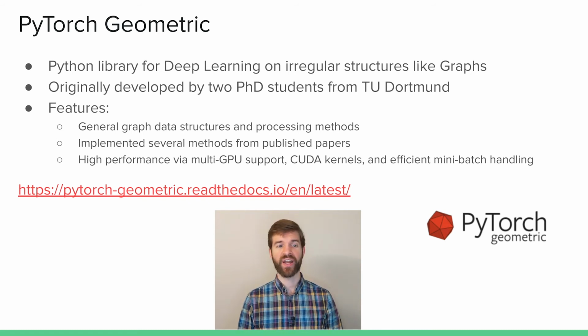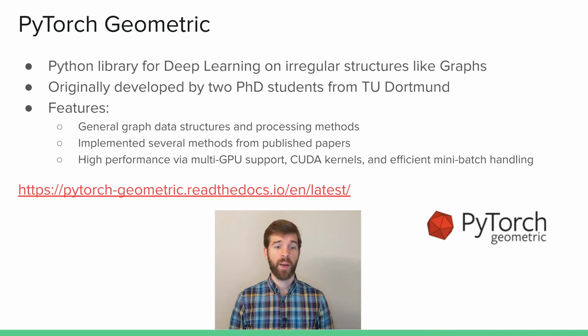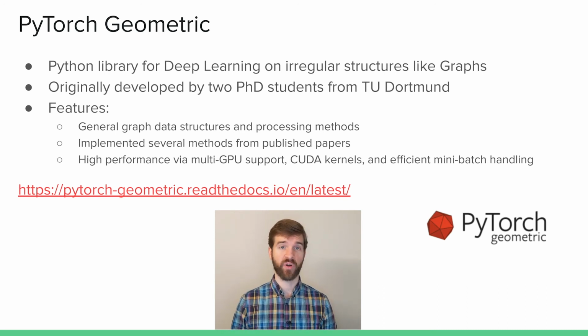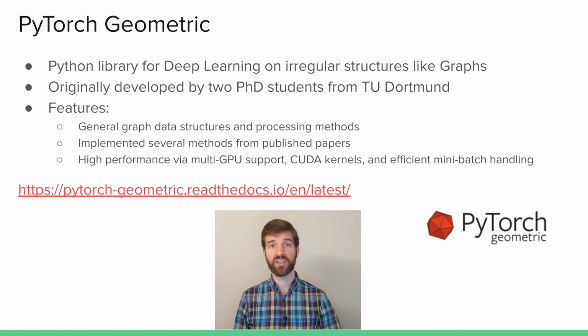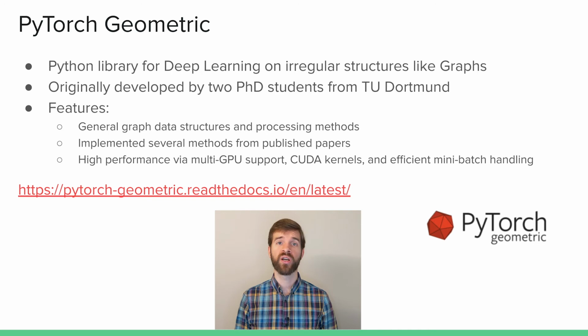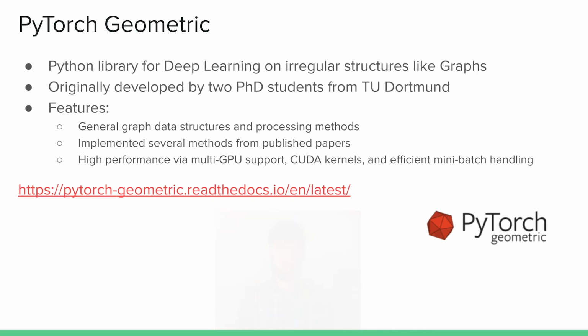It was originally developed by two PhD students at the TU Dortmund, and it has a couple of nice features like obviously the general graph data structure and processing of this, but also several methods from published papers, including the ones we've just seen with graph attentional networks or graph convolutional networks. And it's also highly optimized for performance by supporting multi-GPU and CUDA kernels as well as efficient mini-batch handling.